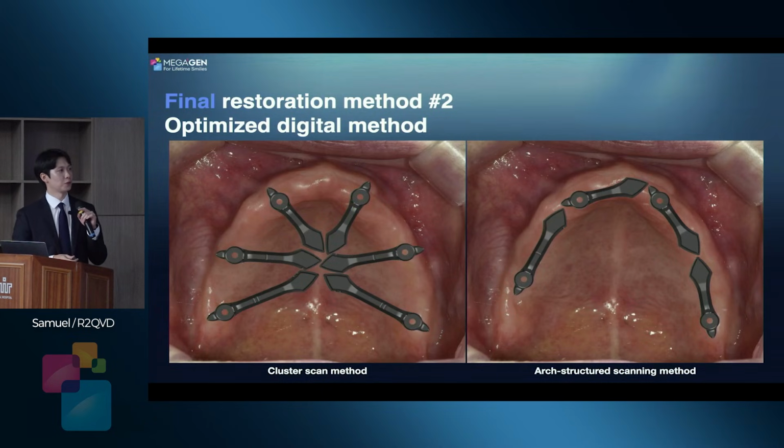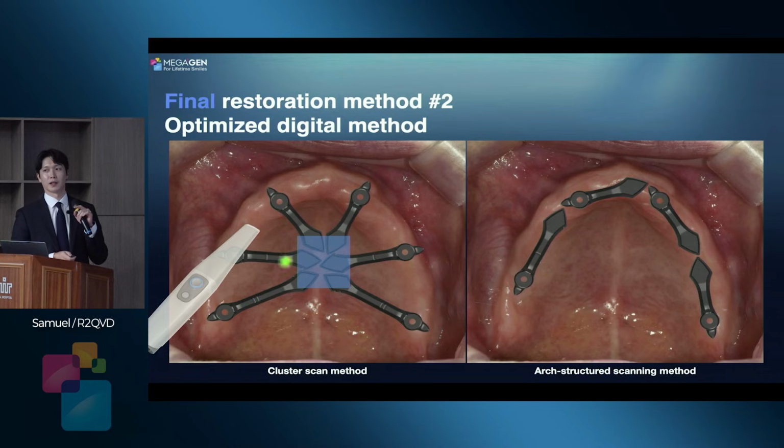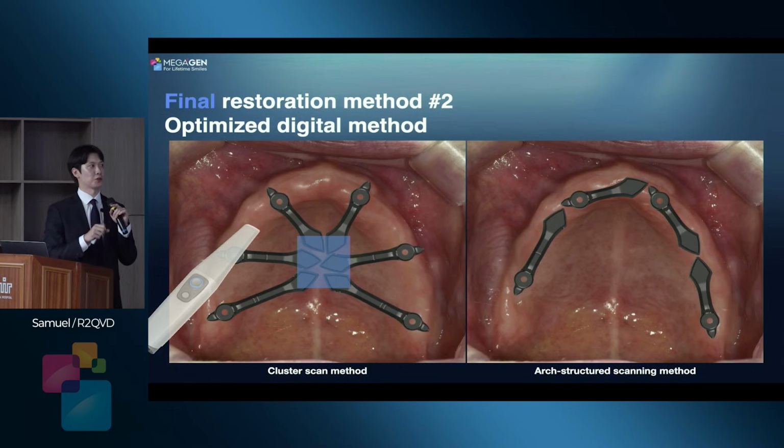So using the scanner, and it is almost the same as the FOV of the scanner, one time we scan here, and after that, next time we scan the gingiva, we merge together. That means we can correct the implant position more.